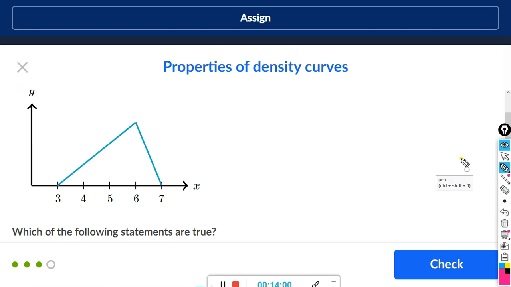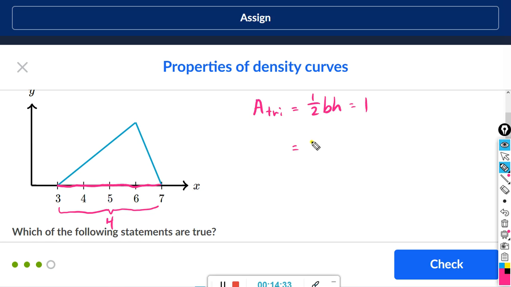We said before the area of a triangle equals 1/2 base times height. In this case, the area of the whole triangle is just 1. The base runs from 3 to 7, so the length of the base is 7 minus 3, which is 4.